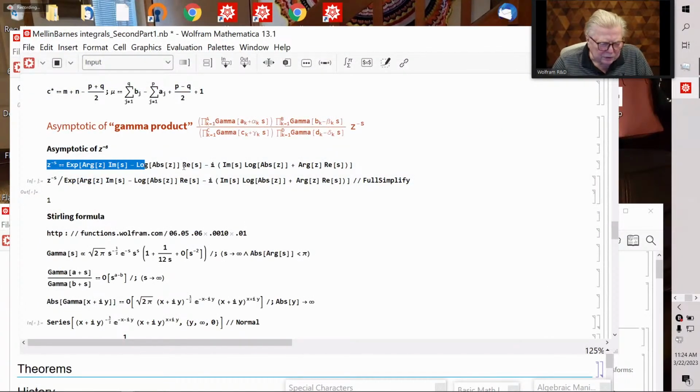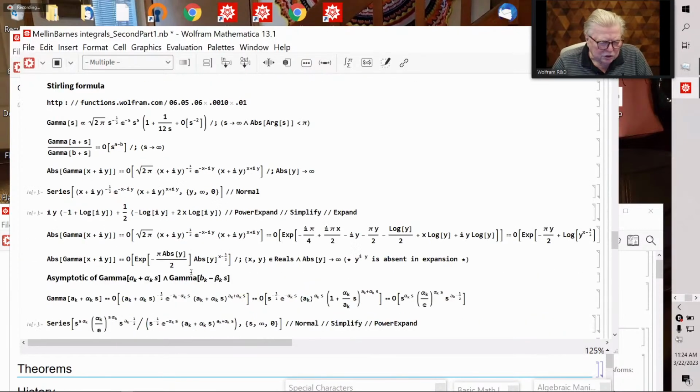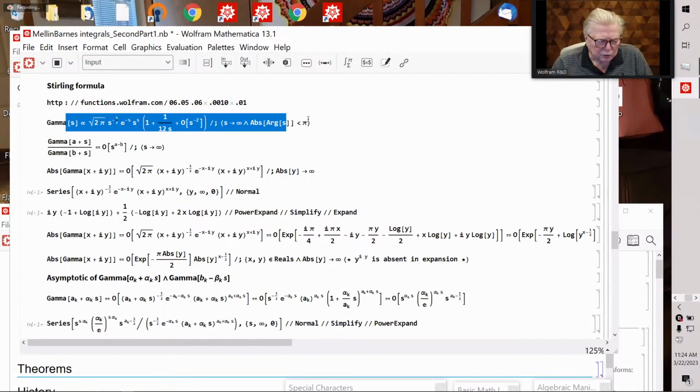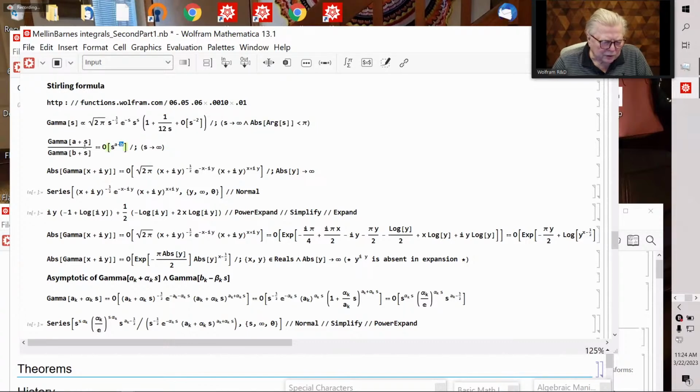We verified this formula here, and then the gamma function. This is the Stirling formula, and if we have a ratio of two gamma functions, it is just asymptotically a power, s to the degree of the difference. If A equals B, it is 1.